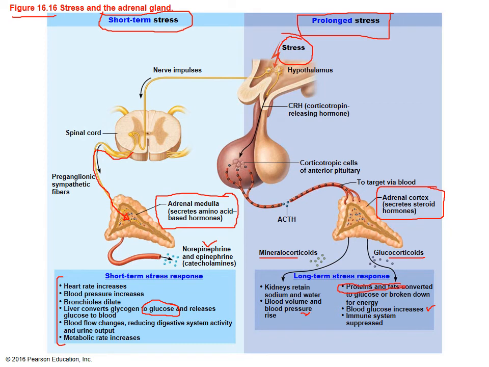I also want to point out something very important on this graph, which is that if you look right next to your adrenal cortex, notice the mention of ACTH, your adrenocorticotropic hormone, which comes courtesy of your anterior pituitary gland.